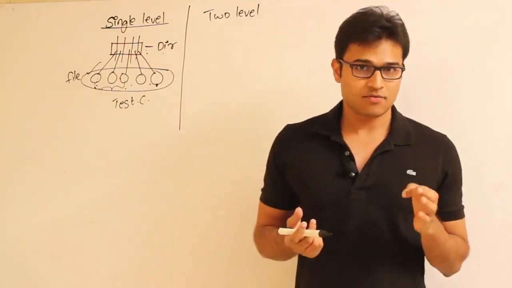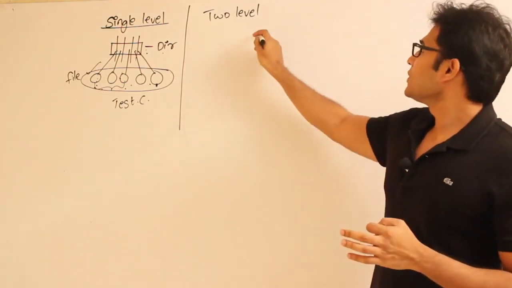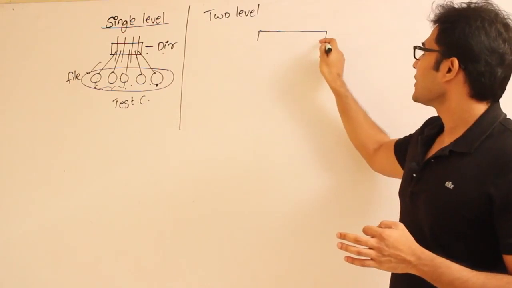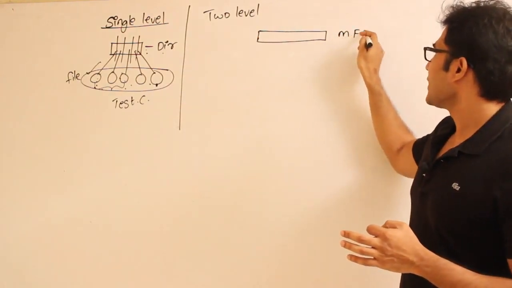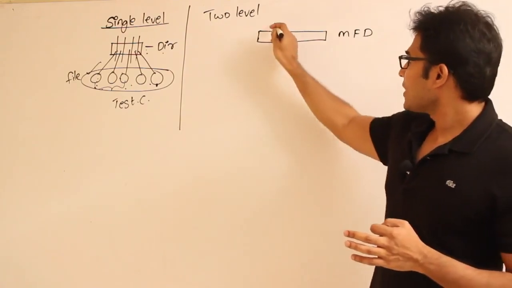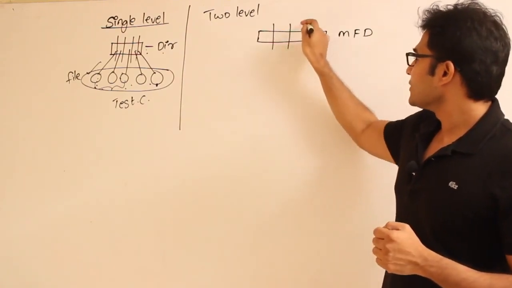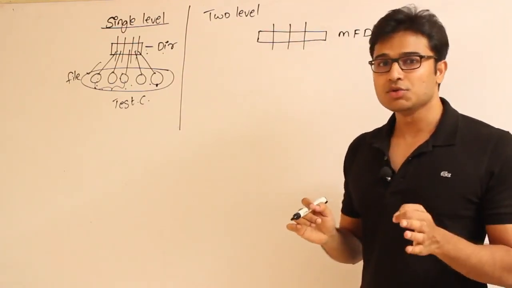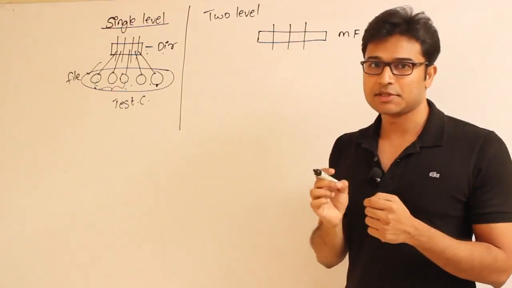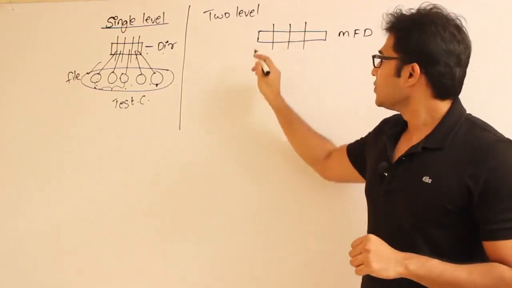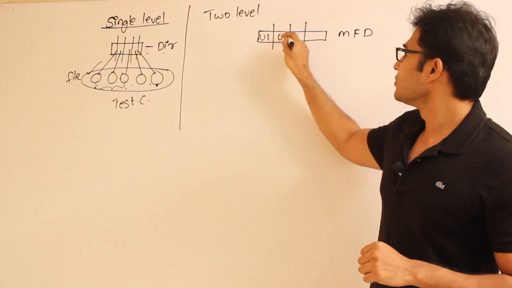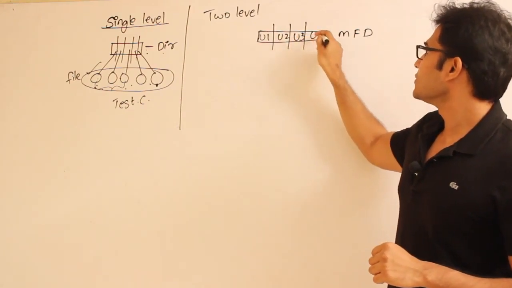In a two-level directory, you will have something called a master directory or master file directory, and this master file directory will contain information about all the users who will be using this system. Let us say there are 4 people using this system: user 1, user 2, user 3, user 4.